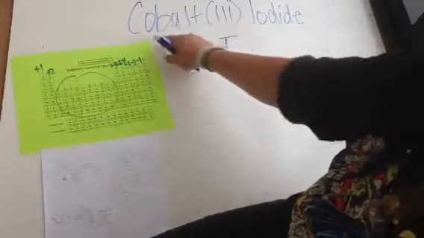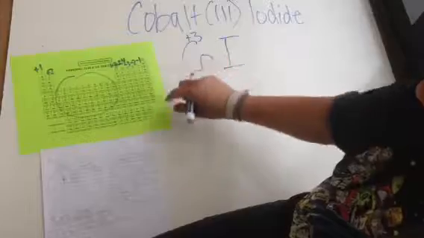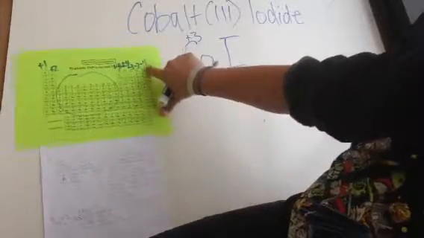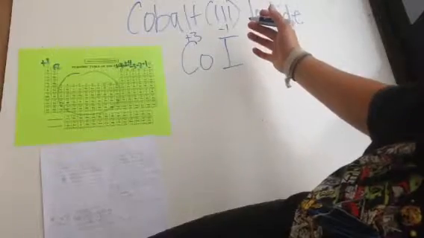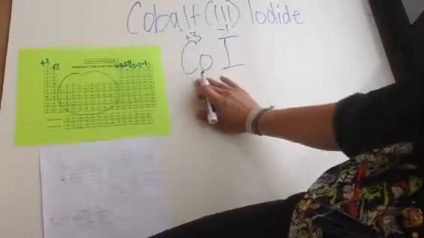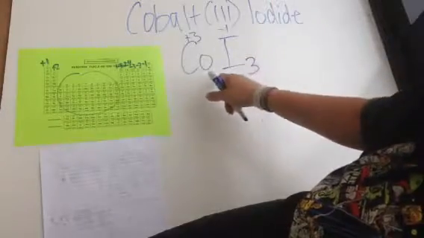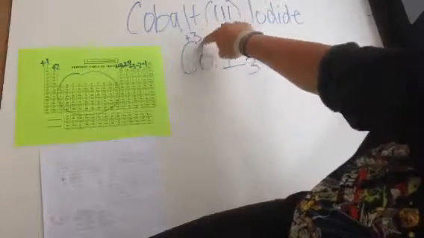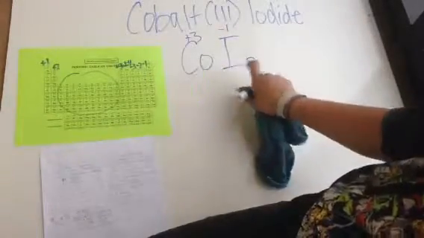And it's indicated that cobalt has a +3 charge by the Roman numeral. So if this is +3, and we look at iodine in the periodic table as -1, you ask yourself, how many iodines do I need to cancel out the +3 charge? And of course the answer is 3. You need 3 iodines, so that this would be a -3 charge to cancel out this +3 charge. So the formula for cobalt(III) iodide is CoI3.